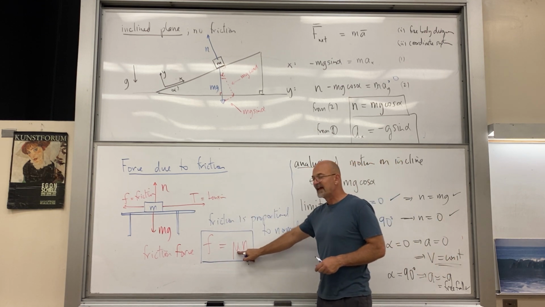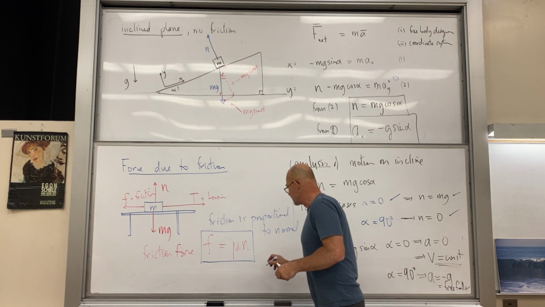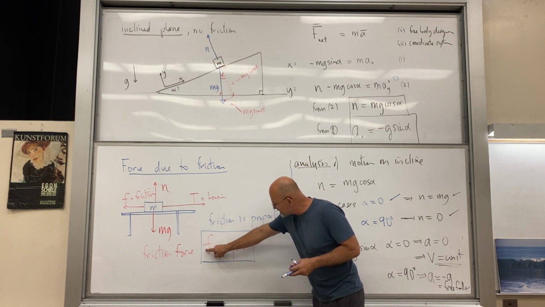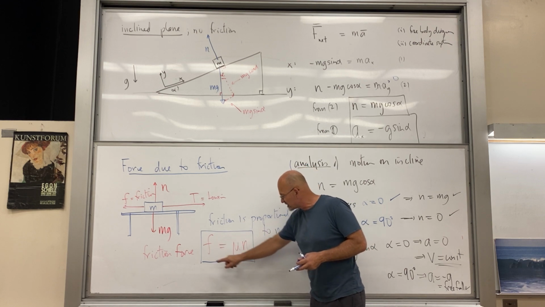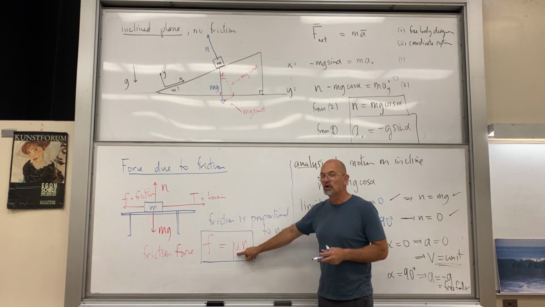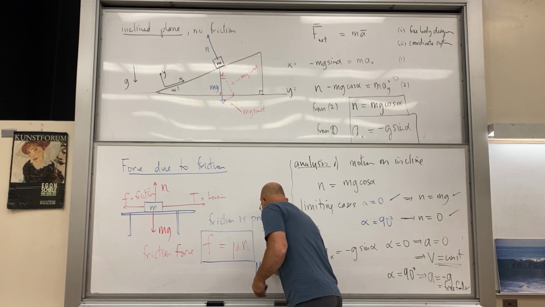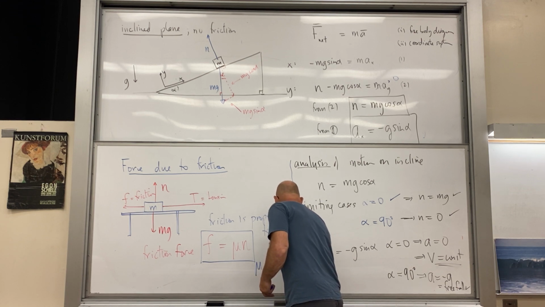This is the Greek letter mu, and mu is the proportionality constant. And you'll notice friction is a force, normal force is a force, so mu is dimensionless. Mu is a dimensionless number.